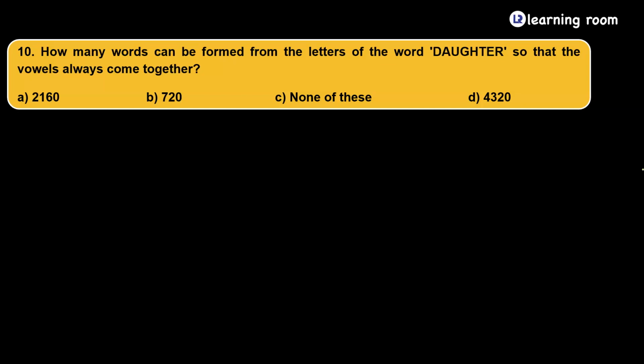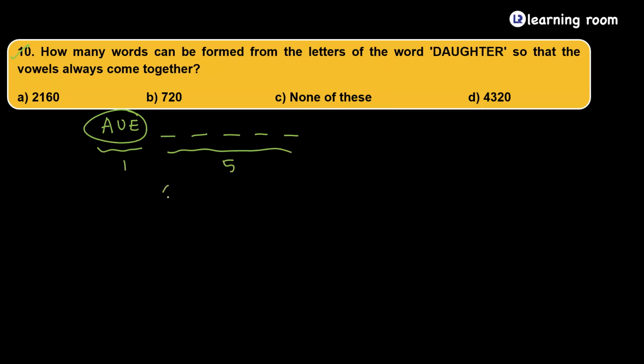So let me solve this. Listen. How many words can be formed from the letters of the word DAUGHTER so that the vowels come together? So what are the vowels here? A, U, and E. Treat them as one object. After you treat them as one object, 1, 2, 3, 4, 5. So what are they? D, G, H, T, R. So 5 consonants are left out. These 5 consonants plus all these vowels tied together is going to be one object.